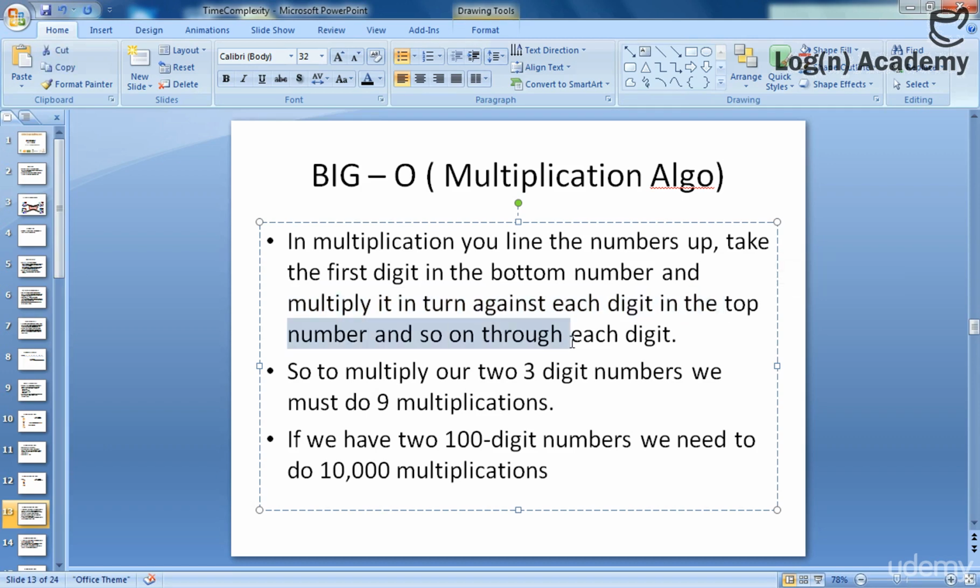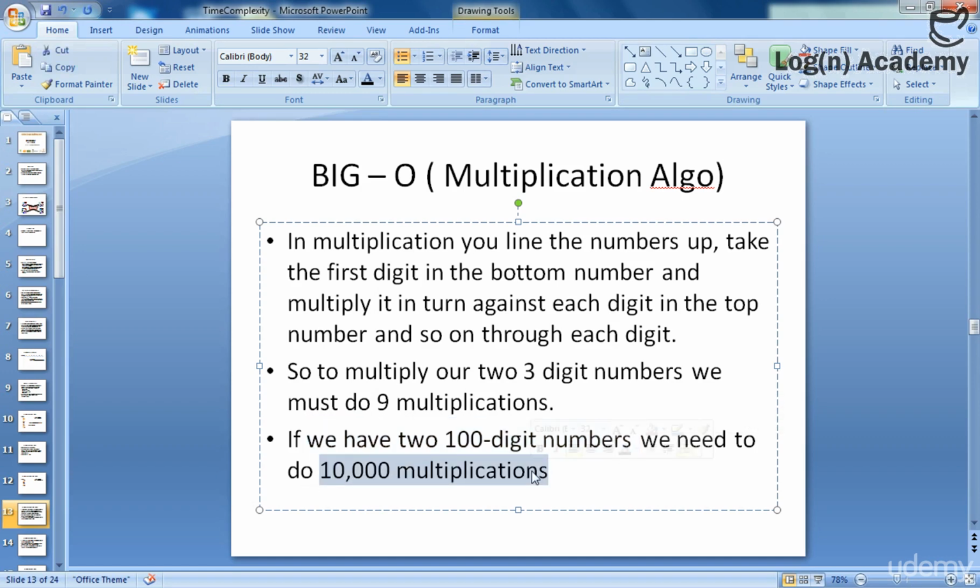So to multiply our 3-digit numbers, we must do 9 multiplications as we did, right? And if we have 200-digit numbers, we need to do 40,000 multiplications.